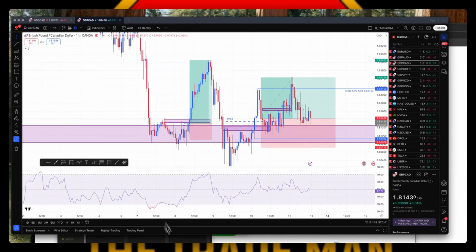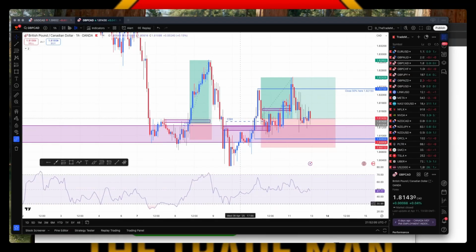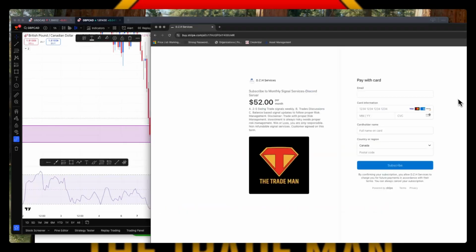You gotta go to here. This is that Babypips risk calculator tool, position size, and what you have to do, just go here, put your balance, say calculate your $1,000 balance, and that was the GBP CAD trade. And how I got this stop loss is 39.6 pips, and all you have to do, just type here.